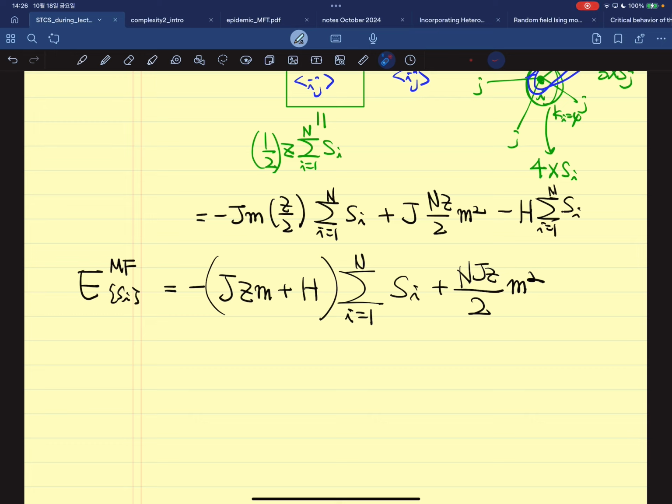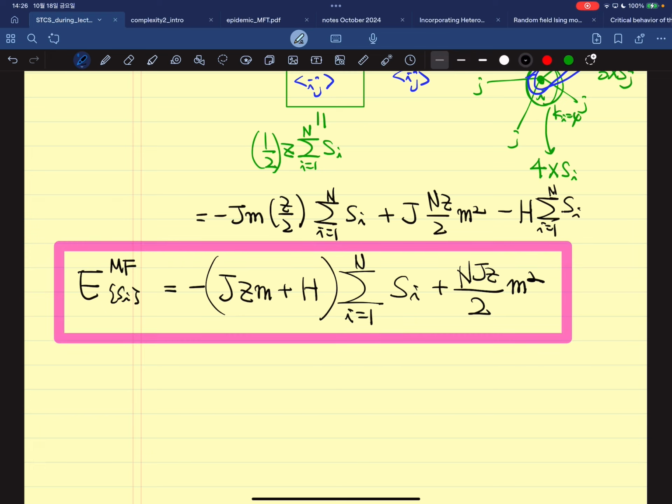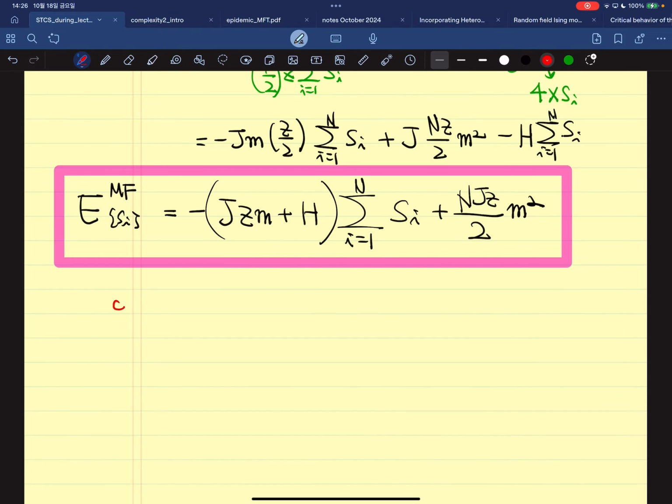So the mean field Hamiltonian, or mean field energy function, for this spin configuration would be like this. If you compare this to the non-interacting spin case, or paramagnetic case, it used to be like this.